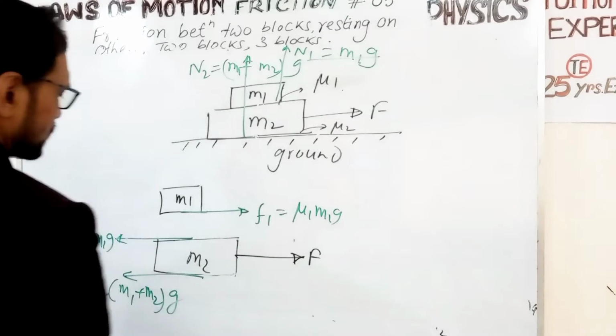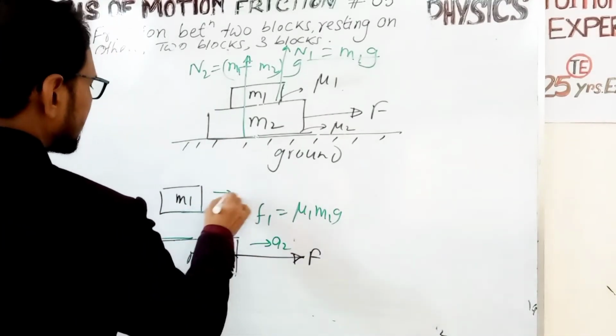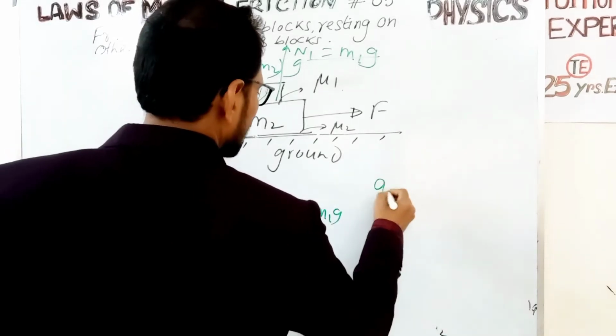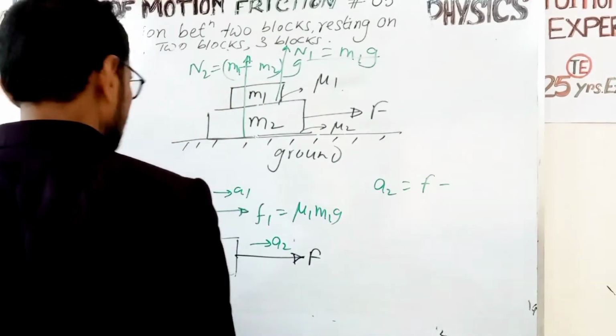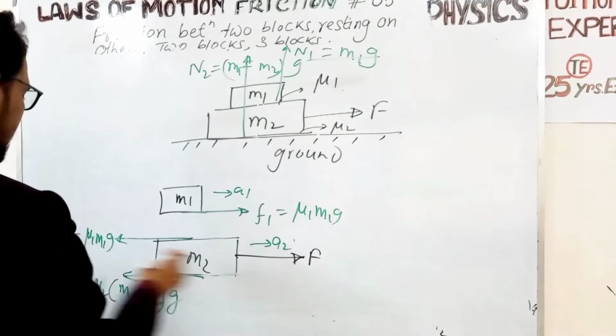Now if the blocks move with accelerations a2 and a1, the net force for block m2 is F minus this minus this.